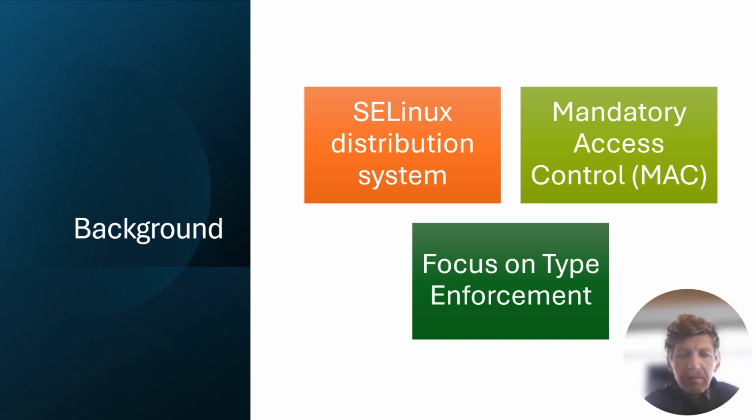So the focus of this presentation is going to be the analysis of SE Linux security policies. SE Linux is a distribution of Linux which implements mandatory access control strategies. So those are beyond the discretionary access control used by ordinary Linux distributions.